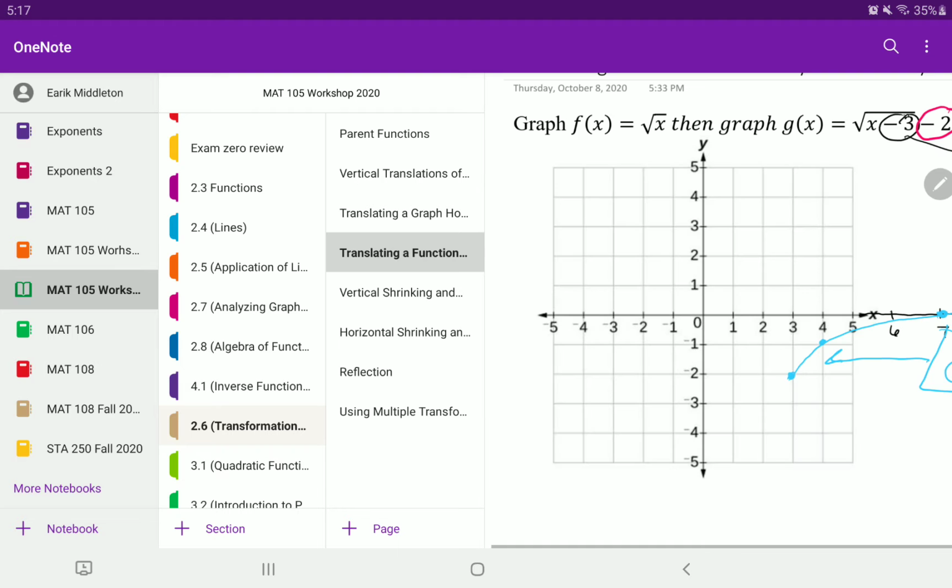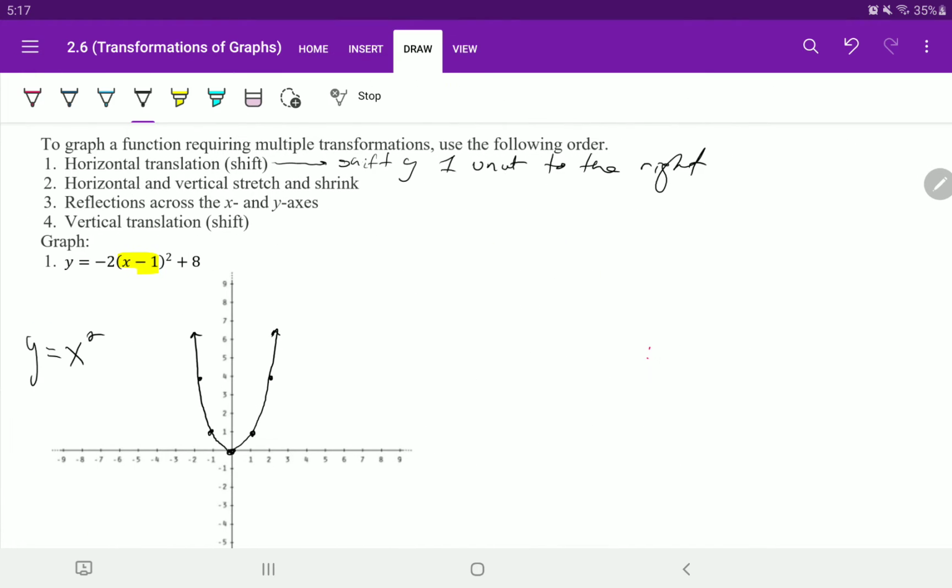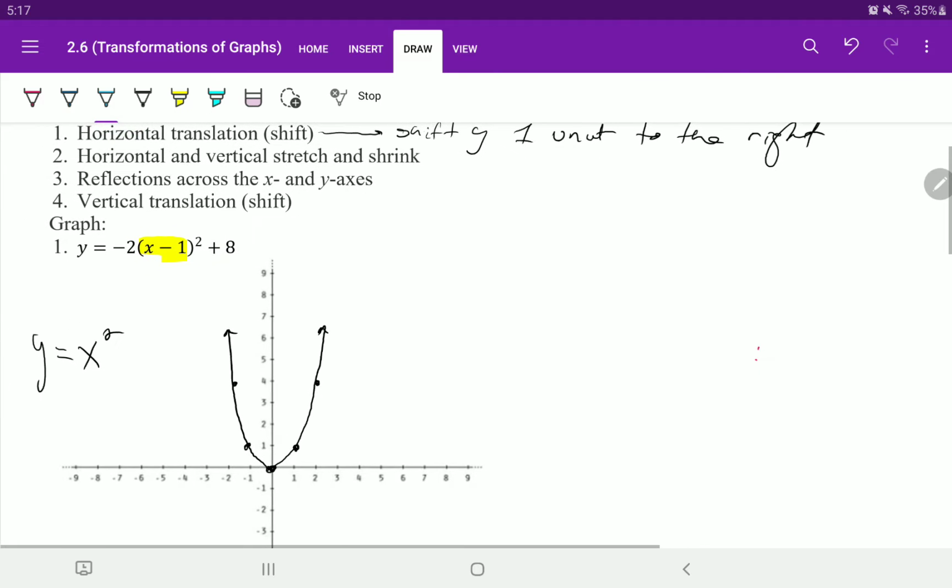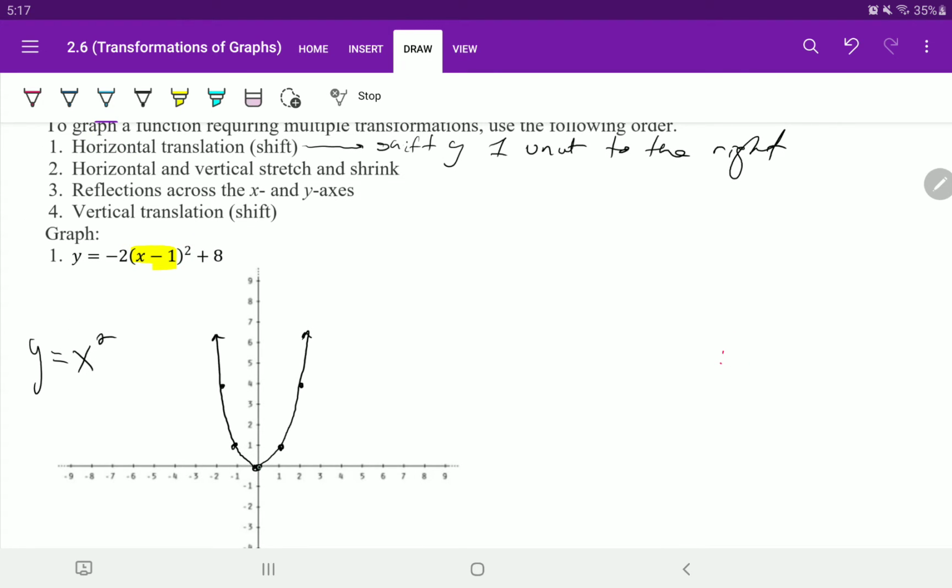Keep that in mind. So now we're going to do that. We're going to move every coordinate 1 unit to the right. So that goes here. This coordinate goes here. That coordinate goes here. The coordinate goes here. And that goes here.